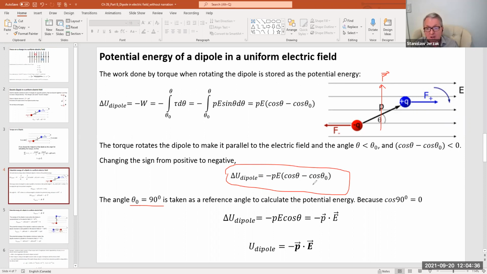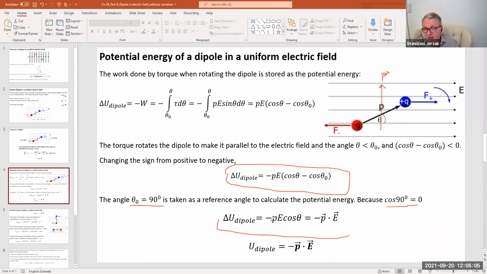So under that assumption, the change of potential energy would be just equal to negative PE cosine theta, where theta is the final orientation of the dipole relative to the electric field.